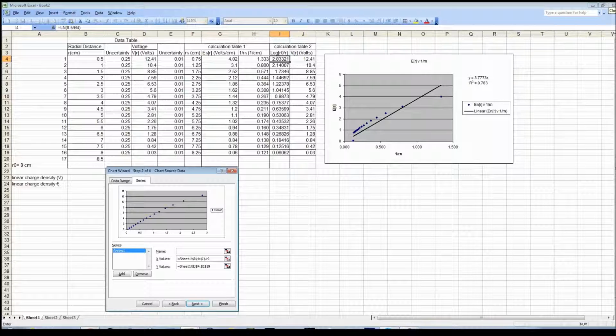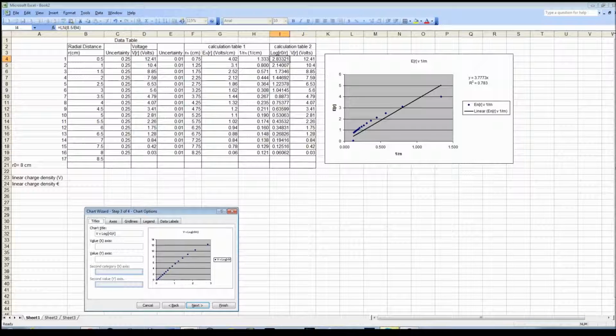So we have V versus log R naught over R. Our Y is volts.